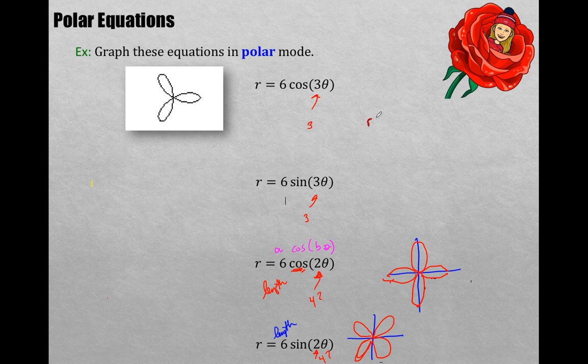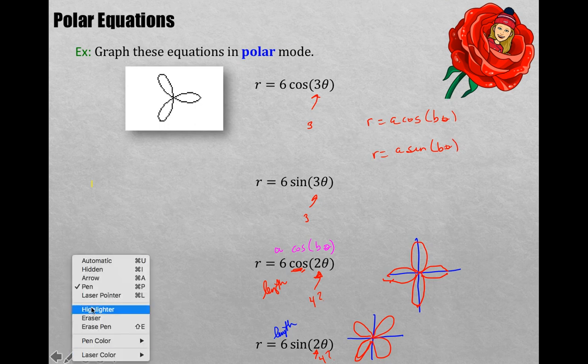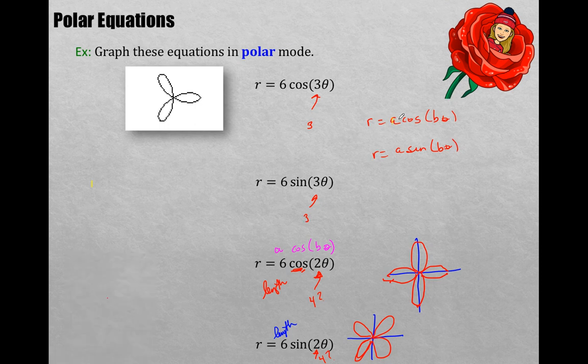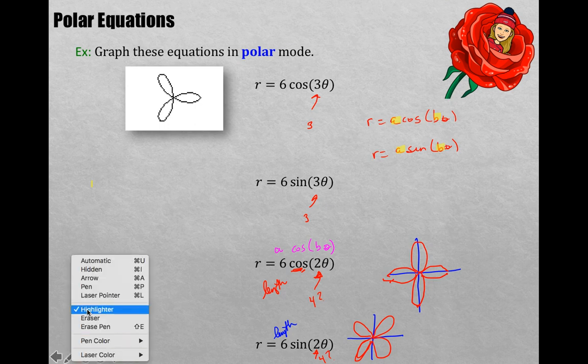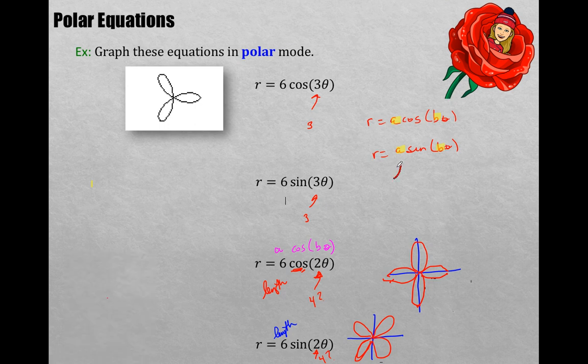So your pattern is that the dilation factor is the length of your petal, and B is the exact number of petals if what?